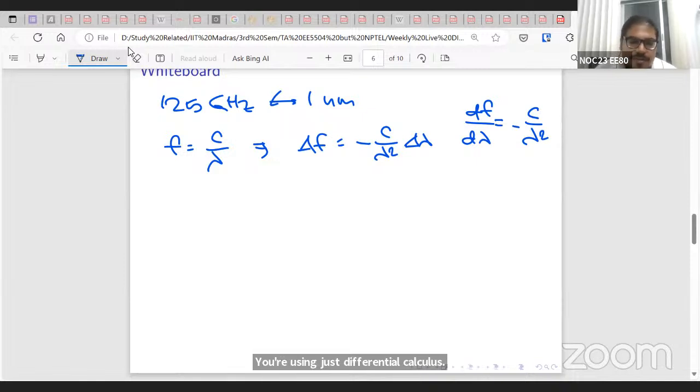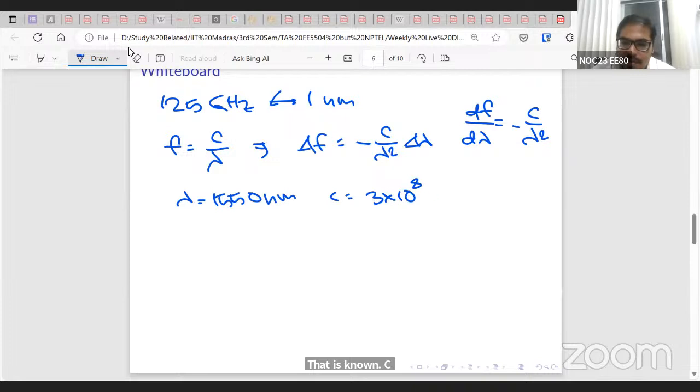So at lambda equal to 1550 nanometer, that is known. C is equal to 3 into 10 to the power 8 meter per second. What we're saying is, if delta lambda is 1 nanometer, what is delta F?